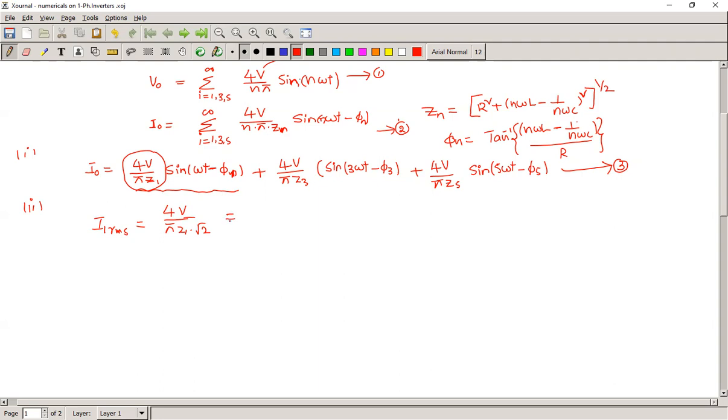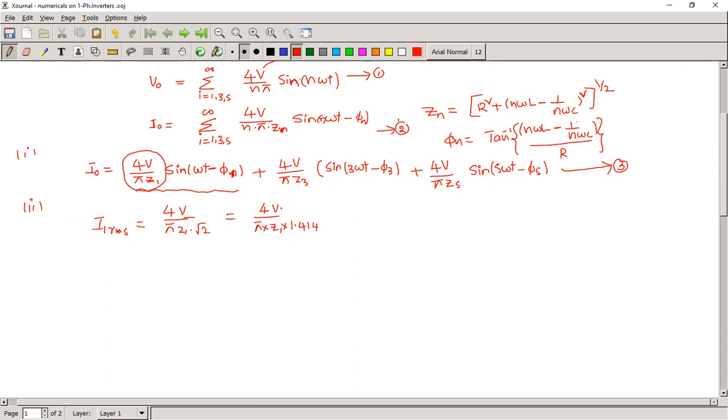Because this is the maximum value, divided by root 2 for the sinusoidal quantity, it gives the RMS value. So 4V by pi into Z1 into 1.414.